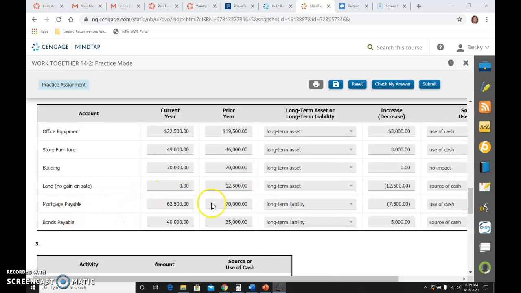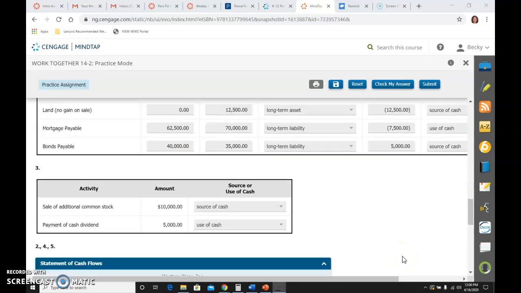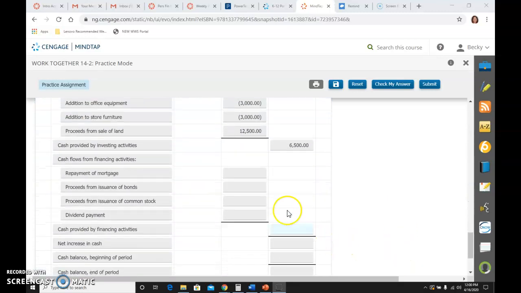So the mortgage payable and the bonds payable of $7,500. So repayment is a use of $7,500, and we got proceeds from the issuance of bonds of $5,000. We got proceeds from the issuance of common stock, which was $10,000, and we paid dividends of $5,000.